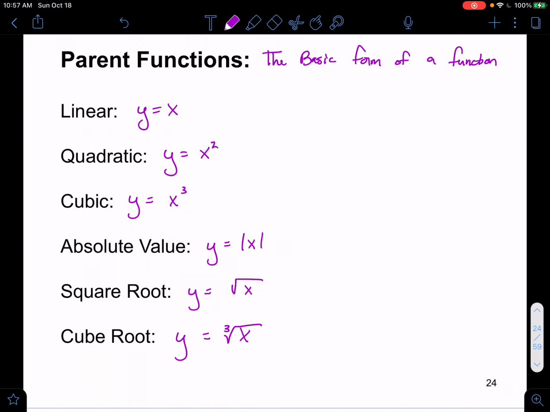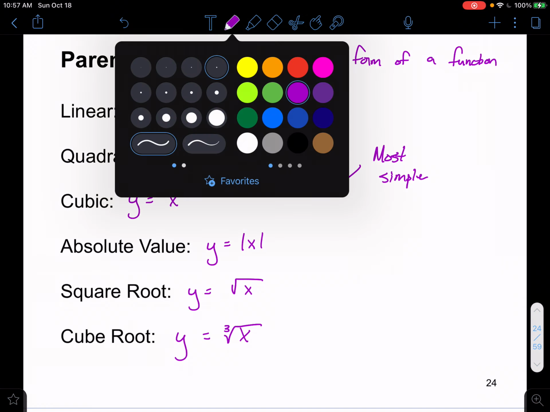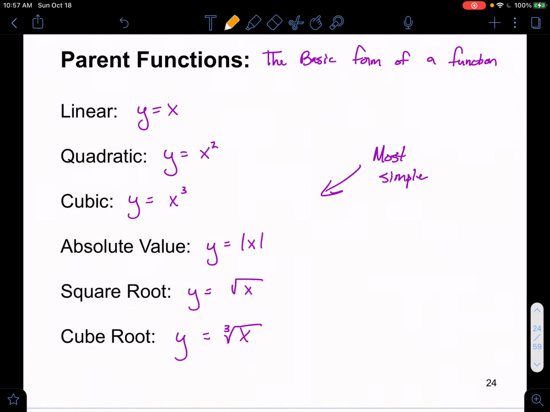Now, again, these are the parent functions, so these are the most simple forms of these functions. What I mean by that is that after we go through what the parent functions look like, you're going to see us start to change them.